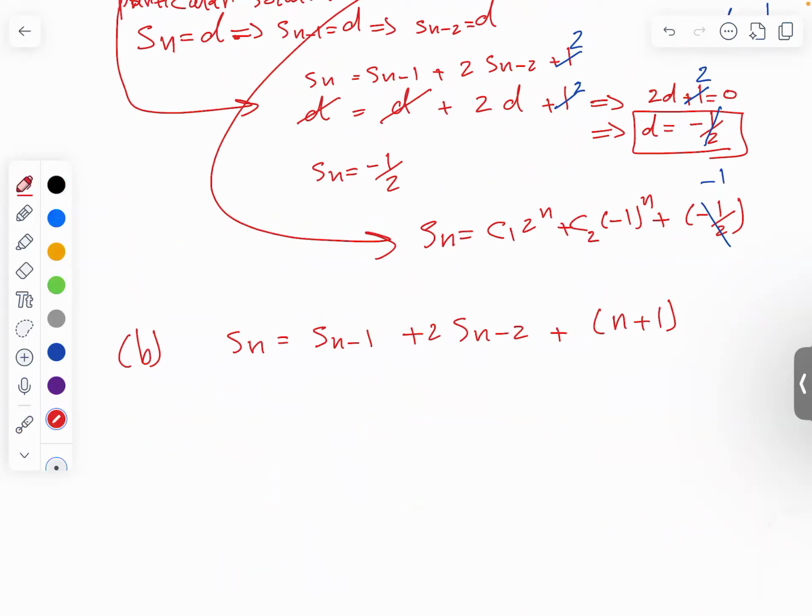Now, here again, Sn is already C1 times 2 power n plus C2 times minus 1 power n, because the homogeneous part is the same. Otherwise, we would need to write the particular solution.